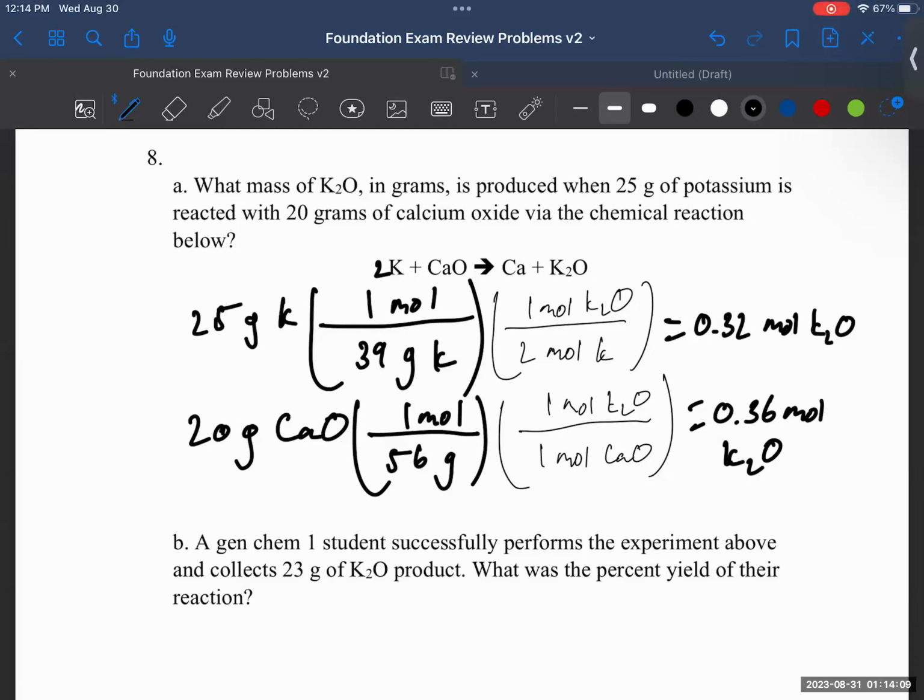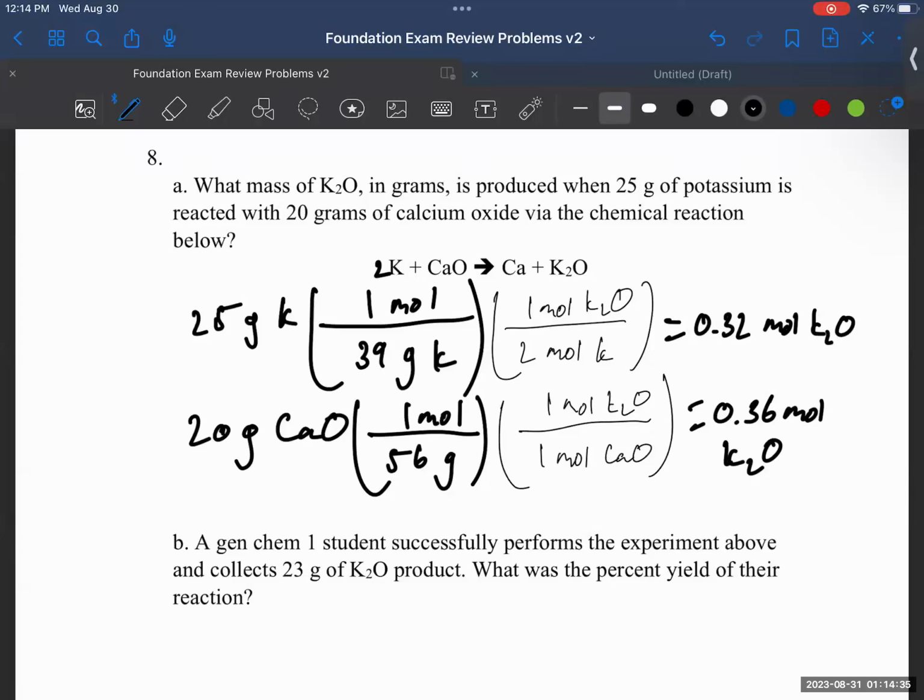So which of these is our limiting reactant? So the limiting reactant is the one that limits the amount of product we make. So the one with the less amount of moles is going to be our limiting reactant. Whichever one produced the less amount of moles. Potassium. Potassium is our limiting reactant.